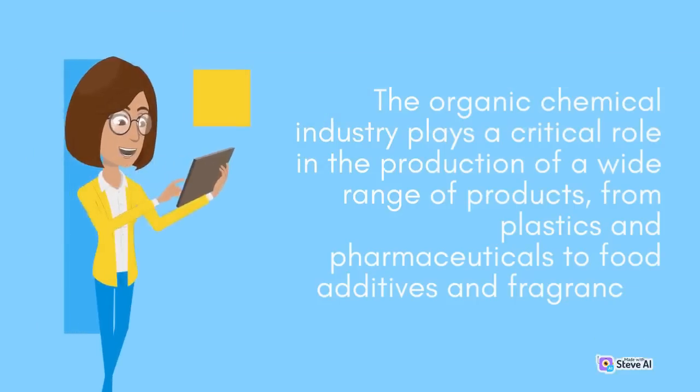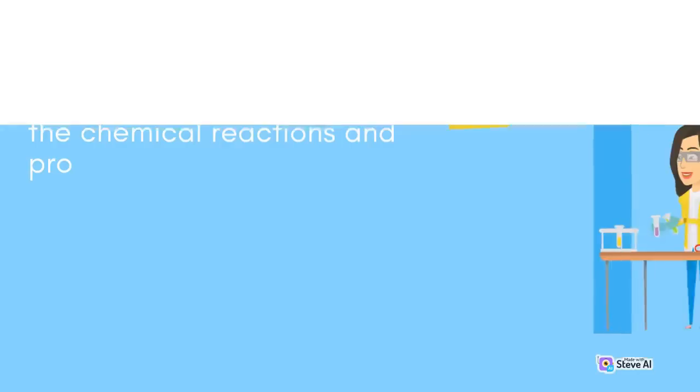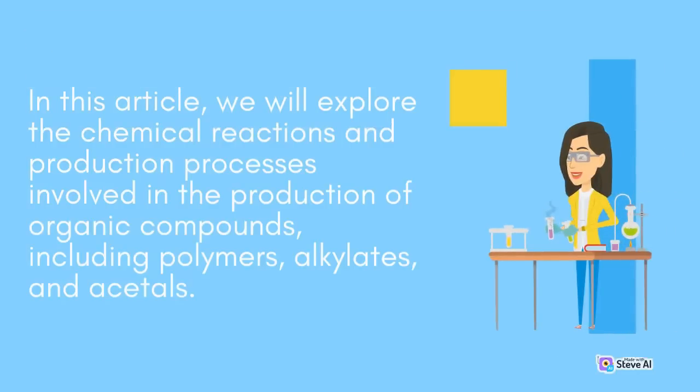The organic chemical industry plays a critical role in the production of a wide range of products, from plastics and pharmaceuticals to food additives and fragrances. In this article, we will explore the chemical reactions and production processes involved in the production of organic compounds, including polymers, alkylates, and acetyls.